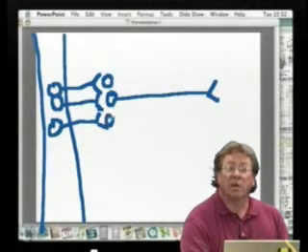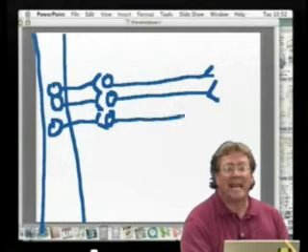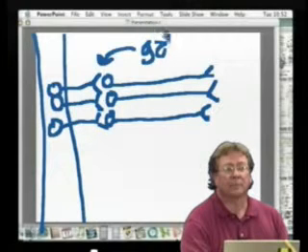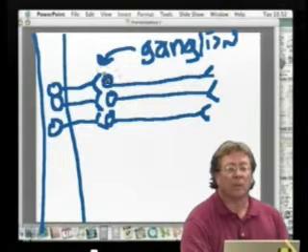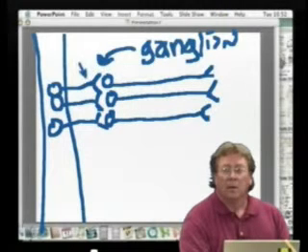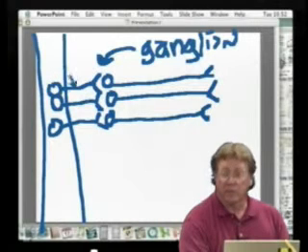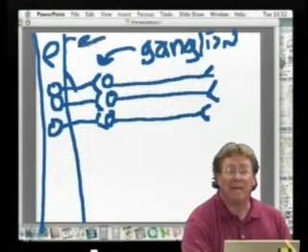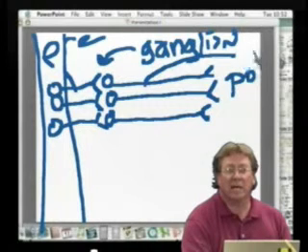A collection of cell bodies in the peripheral nervous system is called a ganglion. The cells can then take on another name. The first cell, the cell that arises out of the central nervous system, can be referred to as the preganglionic cell. And the cell arising after the ganglion is the postganglionic cell.